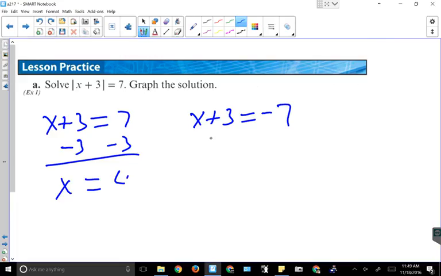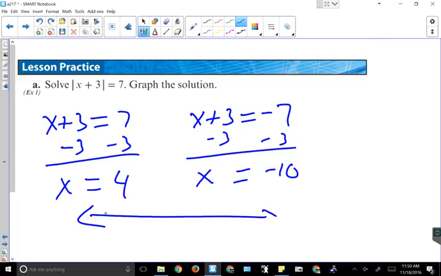Subtract 3 here, subtract 3 here. x is going to be equal to negative 10. So, graph this out, all I would see is negative 10, closed circle, 4, closed circle. That makes sense.